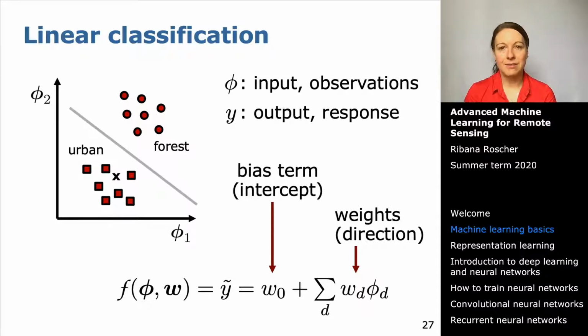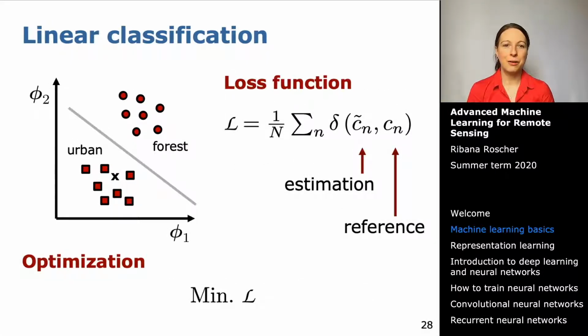What you want to have is such a decision boundary. This decision boundary is defined by W, and this W contains the bias term, which is the intercept with the y-axis, and the weights, which indicate the direction of this decision boundary. And the decision boundary is, in this case, exactly the separation between these two classes.